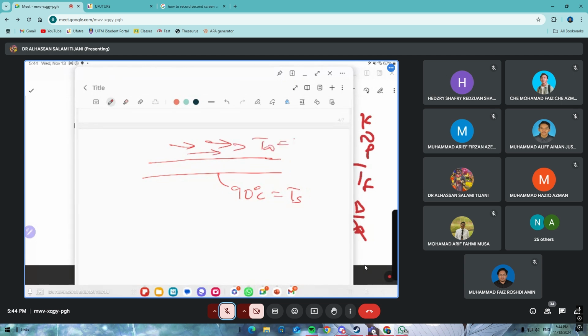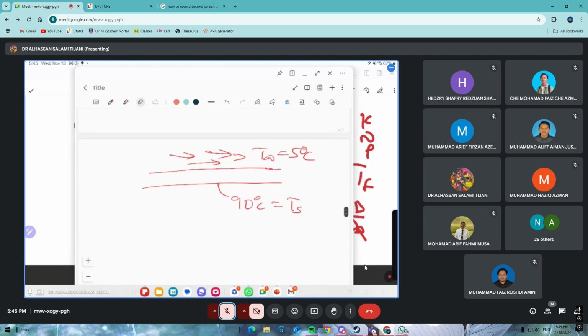T infinity equals 5 degrees Celsius. So from here, we can calculate Tf equals 95 plus 5 divided by 2, which is equal to 100. Oh, sorry, 50 degrees Celsius.